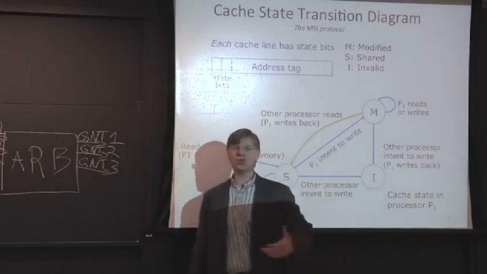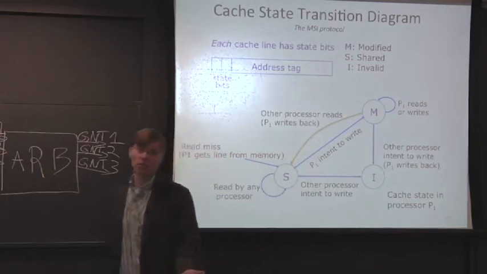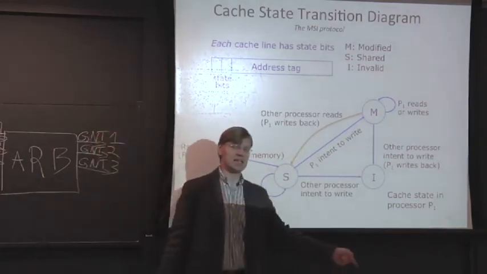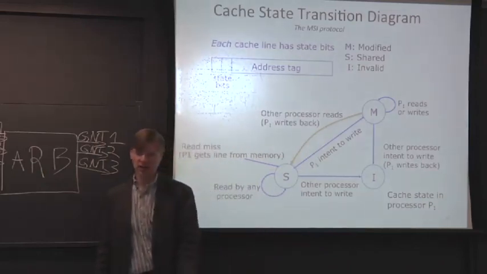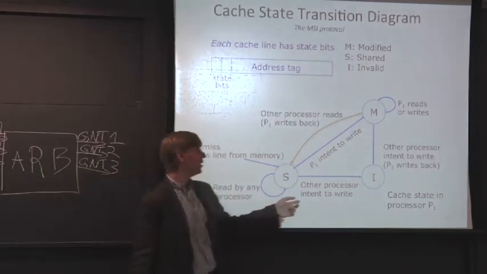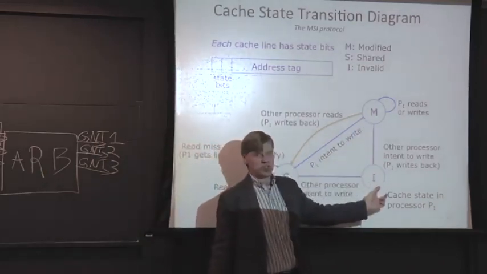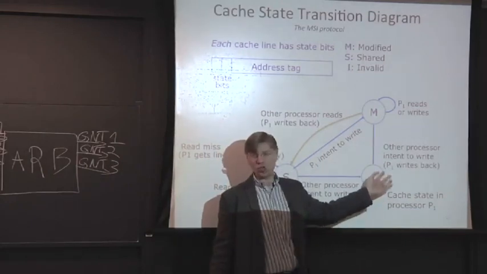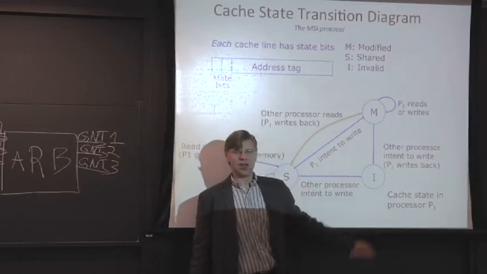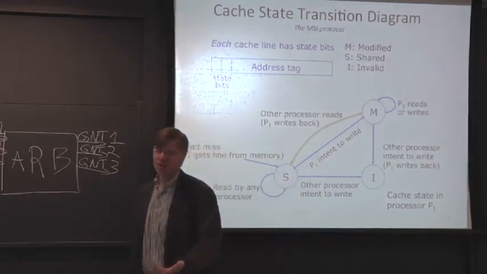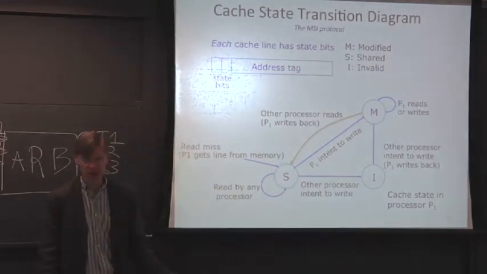And the reason is you have the most up-to-date copy of the data. They need to see the most up-to-date copy of the data so that they don't get any stale data. You potentially could go down to the invalid state, but it's going to require you to go pull the data back in if you want to do a read in the future.